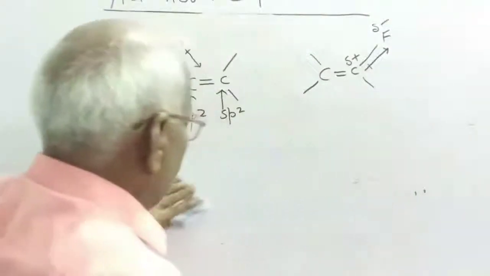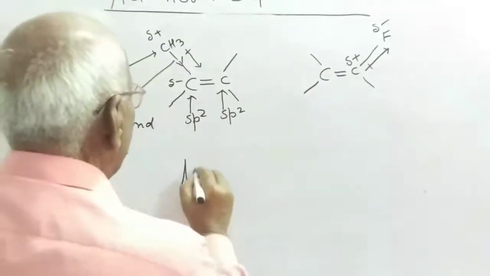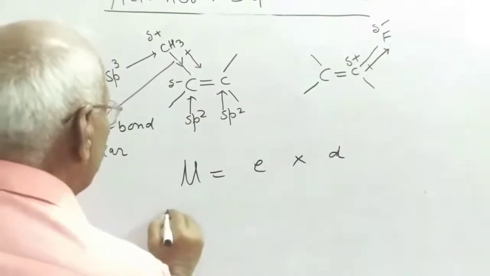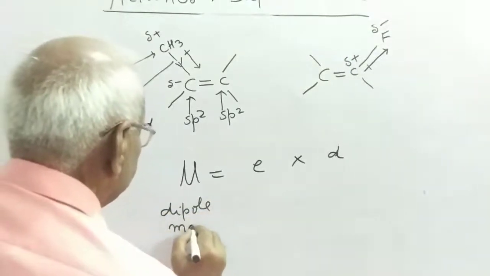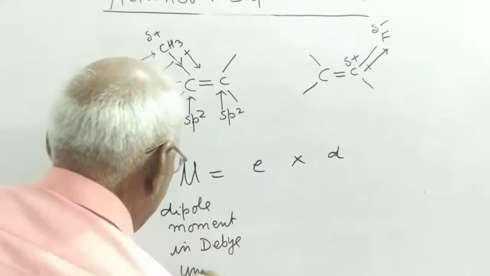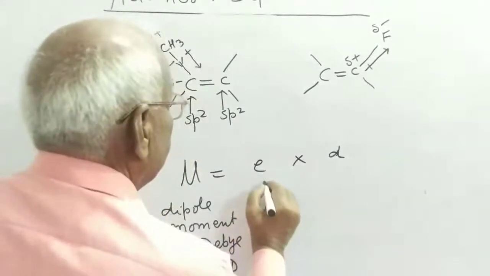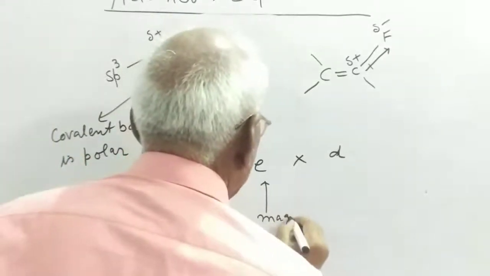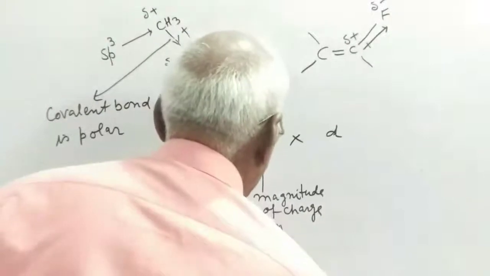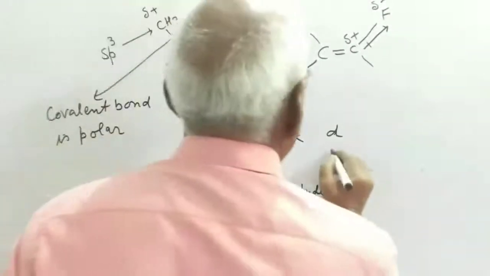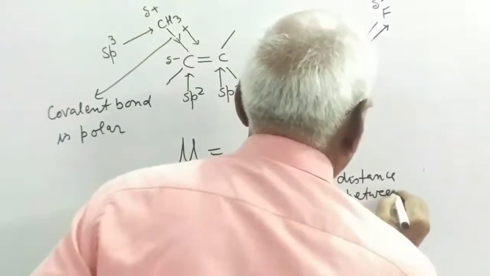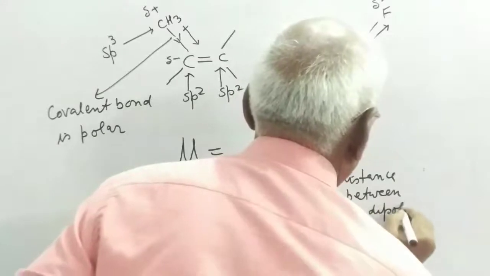So dipole moment is represented as mu equal to e into d, where mu is dipole moment in debye unit, e is the magnitude of charge in ESU unit, electrostatic unit, and d is the distance between the charges, between the dipoles.